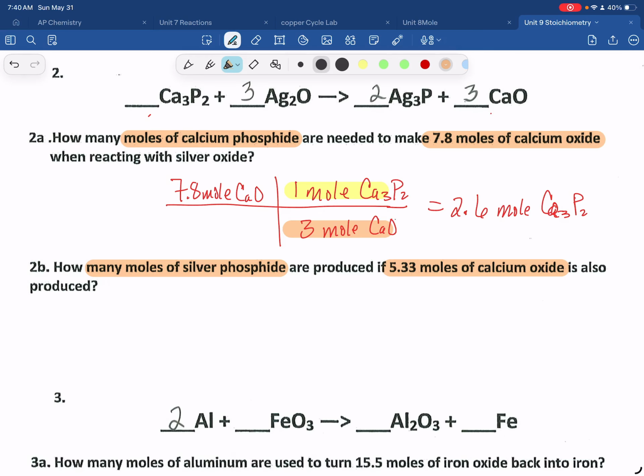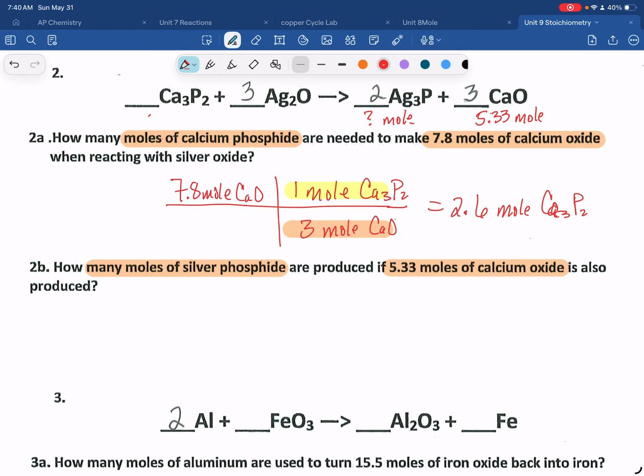I'm going to write down what I know. So I know 5.33 moles of calcium oxide. That's going to be my starting number. What I want to know is moles of silver phosphide. Question mark moles.